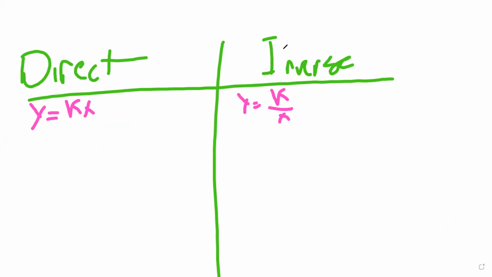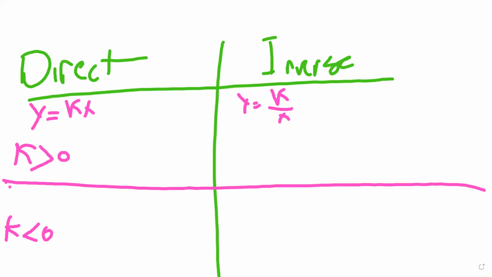From the equation, the domain is any number. If you want to graph it, you have two cases: k is greater than 0 or k is less than 0. You have the same for the inverse.